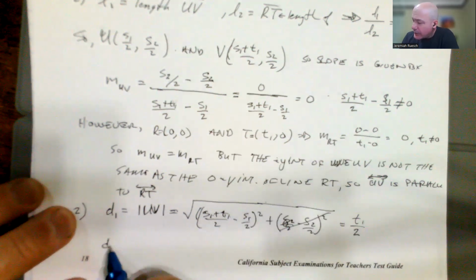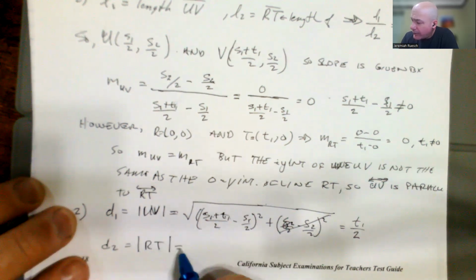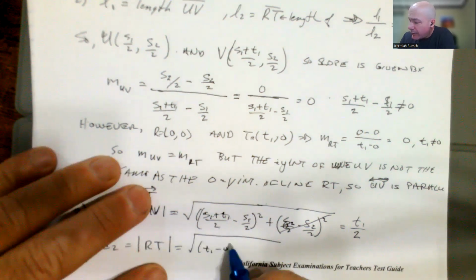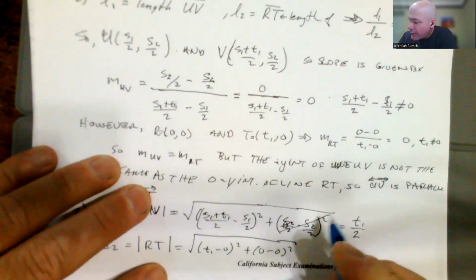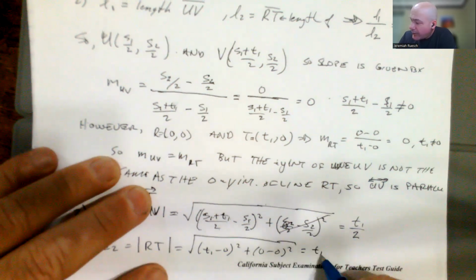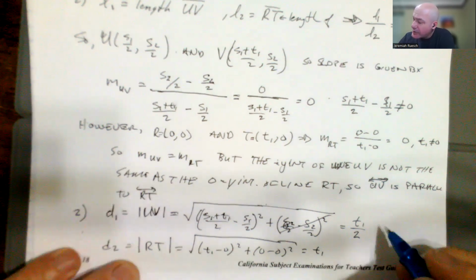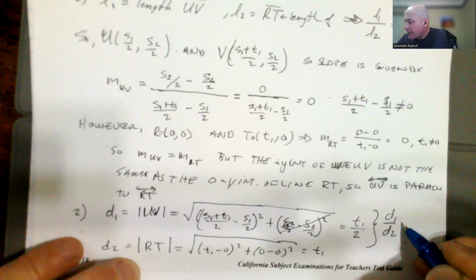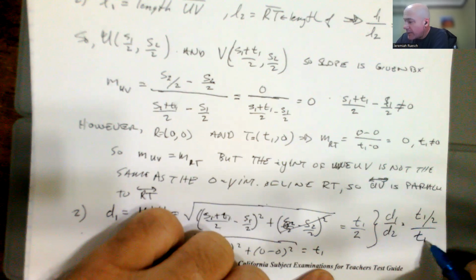And then D2 is the distance of RT, which is equal to the square root of T1 minus 0 squared plus 0 minus 0 squared, which is equal to, of course, T1. All right, so the ratio then, putting these together, D1 divided by D2 is equal to T1 divided by 2, divided by T1.